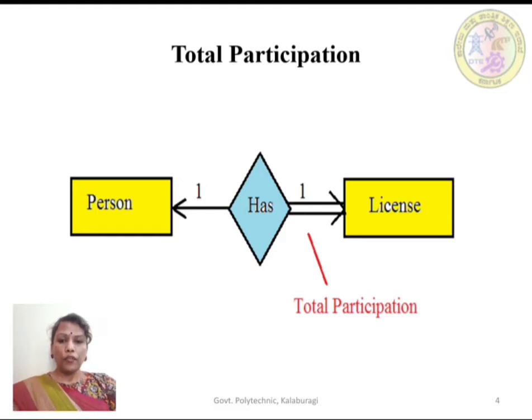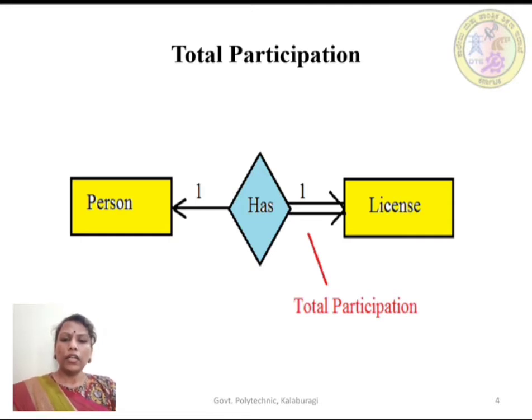But here we are talking about what is total participation. See here, in the person entity type, assume there are 10 person entities. And not all the persons can have a license. Some may be below 18 and they may not have got the license, and some may be above 18 but still they have not applied for the license.